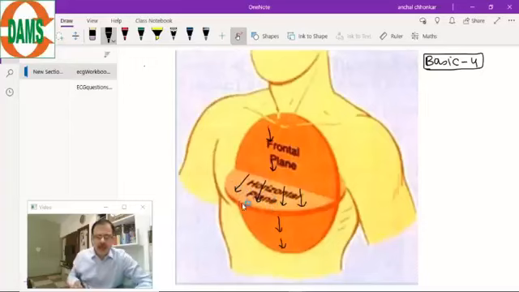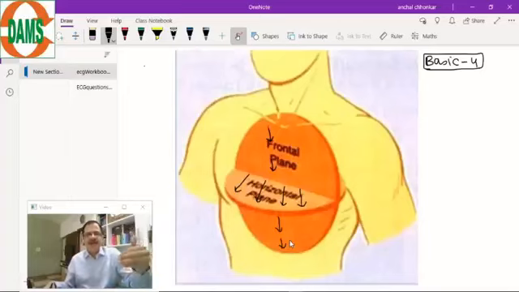So the horizontal plane current will be detected by the chest leads, the electrodes put on the chest wall, while the frontal plane current will be detected by the electrodes placed on our limbs. This is just a diagram to help you understand how the current is traveling in the heart.